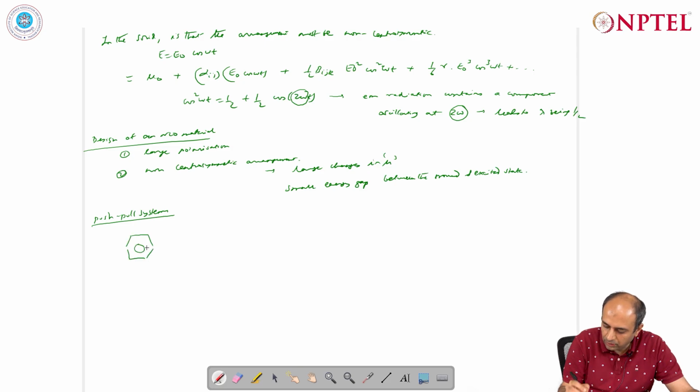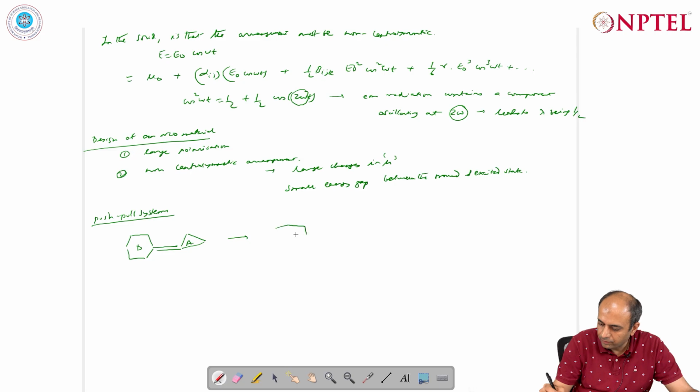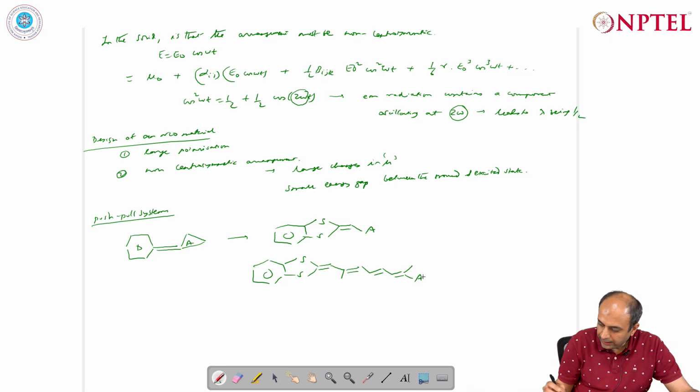For example, we can have a donor system in communication with an acceptor system. For example, we can take this one system, and now we can increase the conjugation, or we can have another.